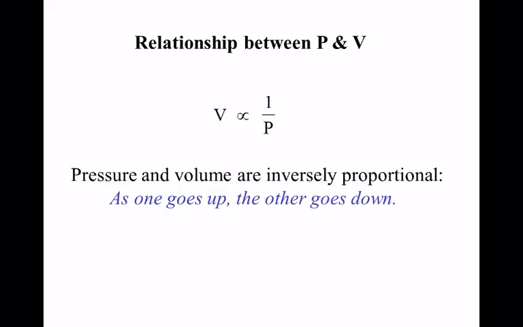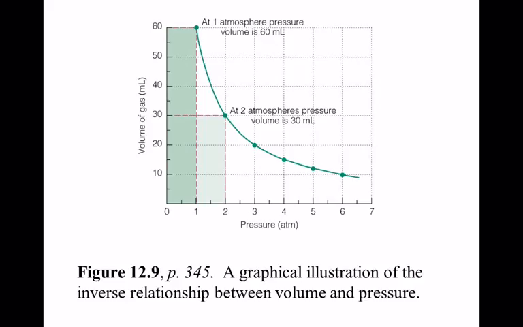That's showing an inversely proportional situation. As one goes up, the other goes down. So this is showing what you just told me with regard to pressure and volume. Along the x-axis is pressure, along the y-axis is volume. As we decrease the volume, the pressure increases.